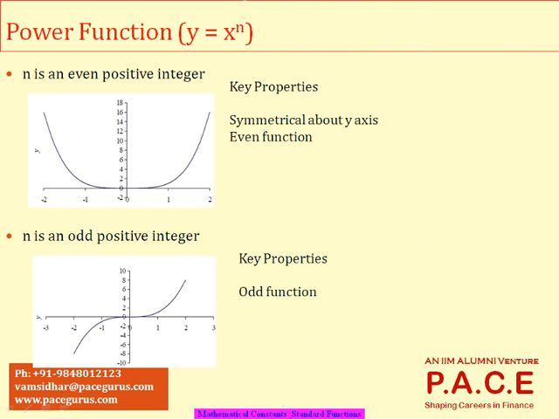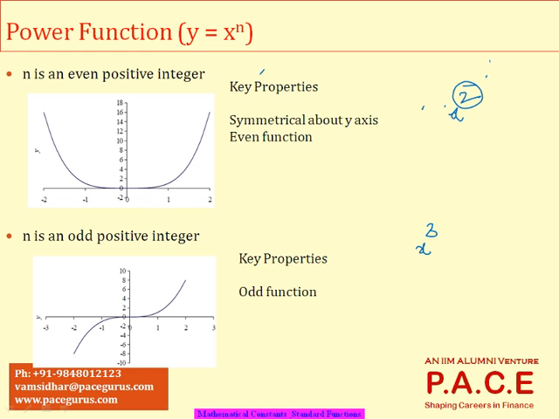We will talk about the power function y equal to x power n. So y equal to x to the power of n, like x squared and x cubed. We have two different kinds of shapes, especially one when n is even, the power.